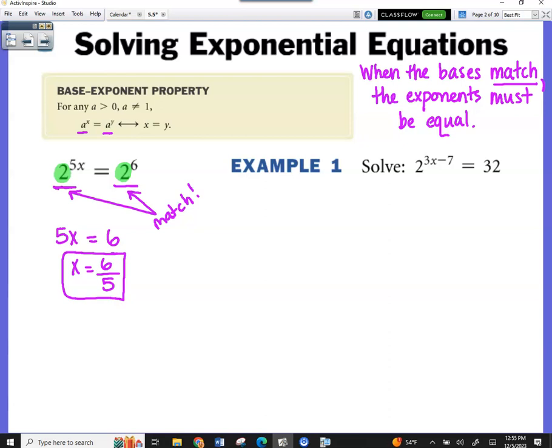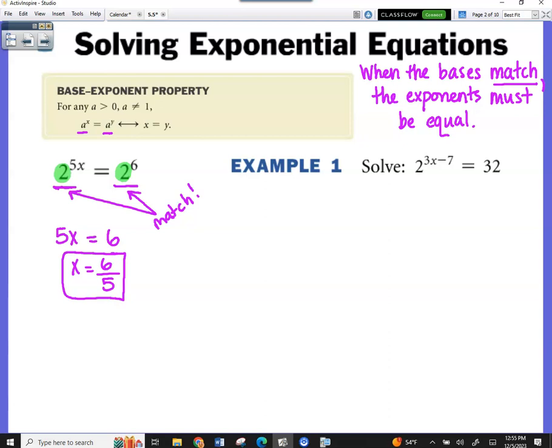So you know 2 squared is 4, 2 cubed is 8, right? 2 to the 4th is 16, 2 to the 5th, 32. So you ask yourself, can I rewrite this number as that base to some power? And if you can, do it, because then you can go straight to the exponents.